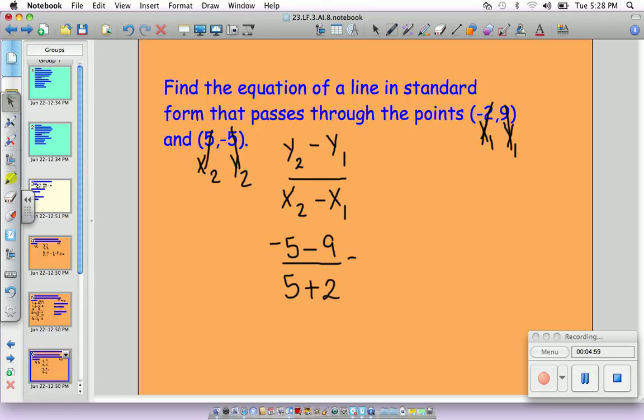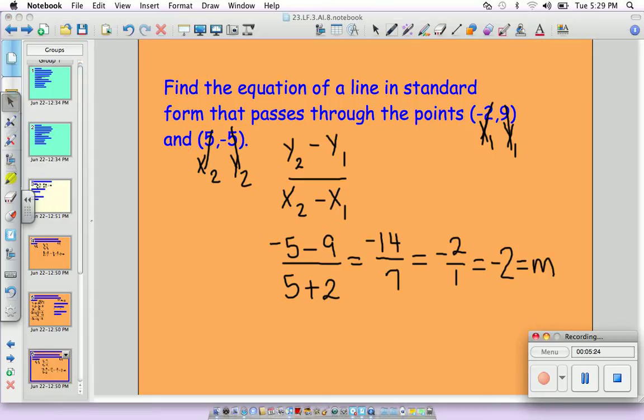So I'll simplify, and I'll have negative 5 minus 9, which is negative 14, over 5 plus 2, which is 7. Continue to simplify, and we will have negative 2 over 1, which is negative 2. So my slope, which is represented by m, is negative 2. We'll go to the next page.